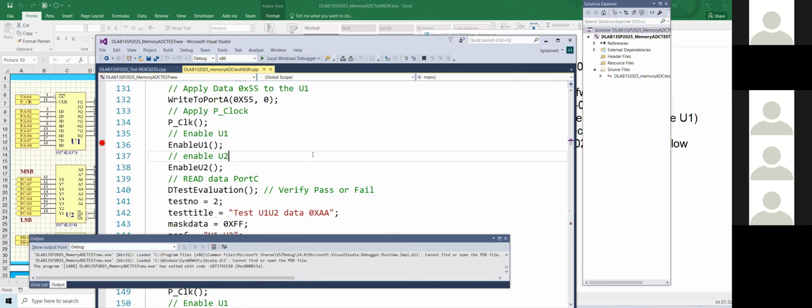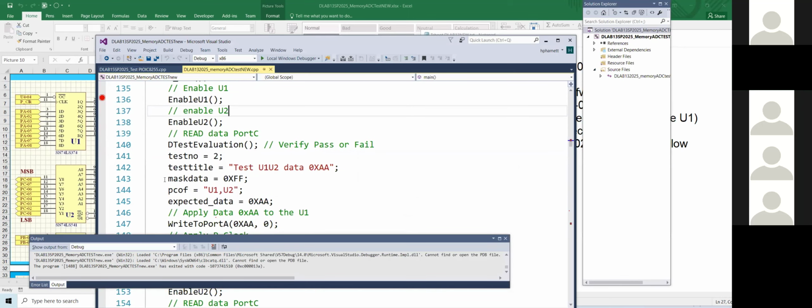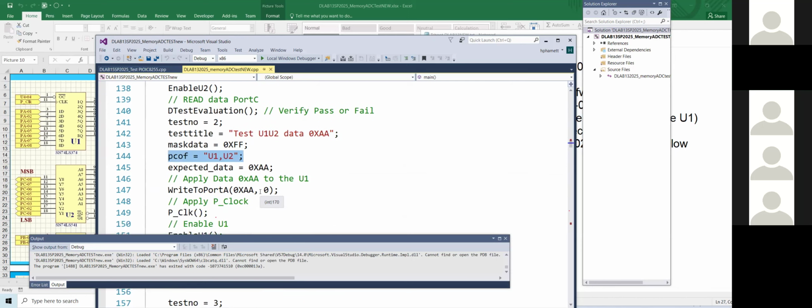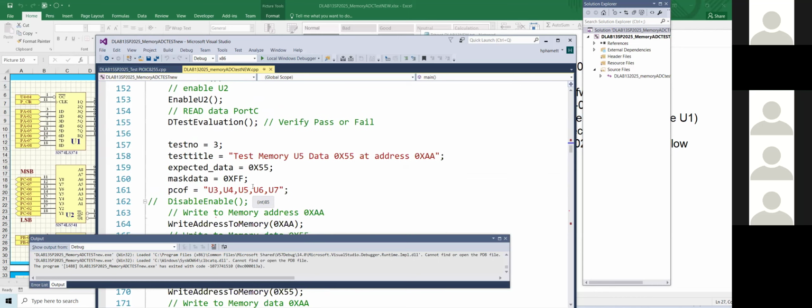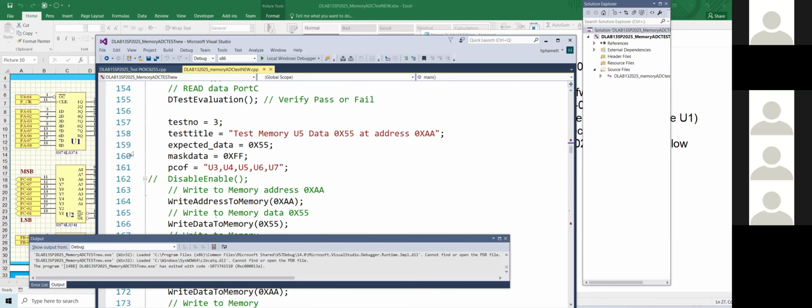And then this one, you see that? I say U1, U2, AA, and a peak of only U1, U2. U4 already passed.